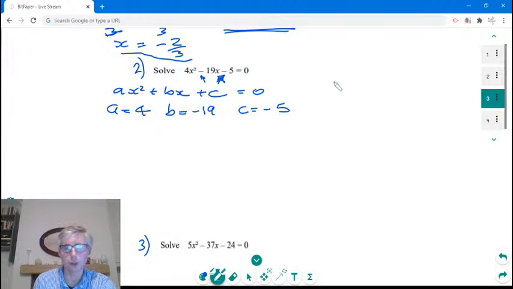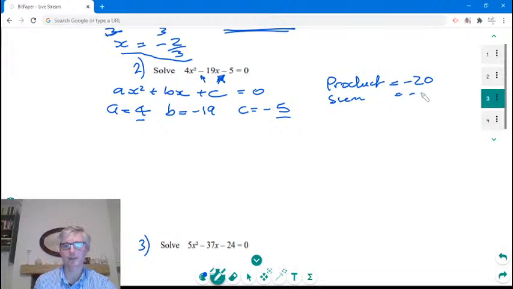So, as before, we're looking for a product, which is the a times the c. If I multiply the a and the c together, I end up with minus 20. And the sum is actually the b, so the sum is minus 19. So we're looking for two numbers which multiply to make minus 20 and add to make minus 19.